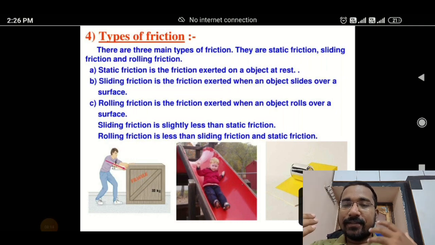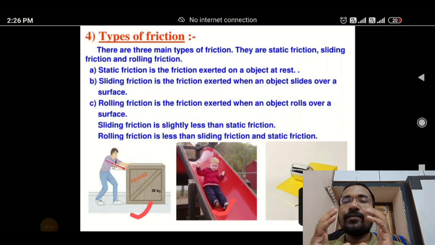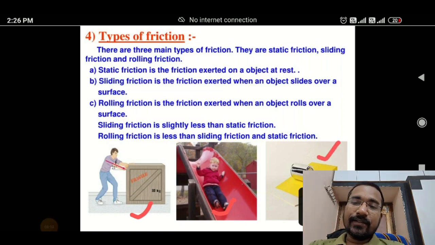Obviously when the object is starting. We have to push harder at the start, and when it is moving you have to push with less force. So here it is more friction, here it is less friction.